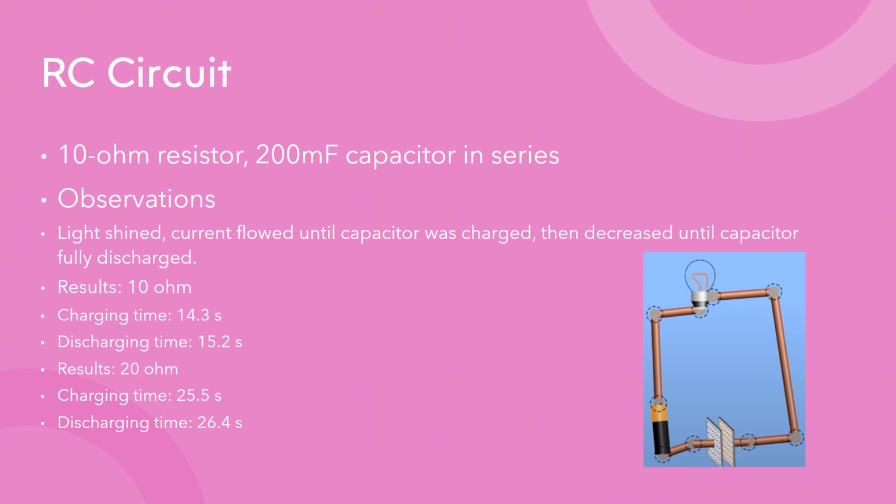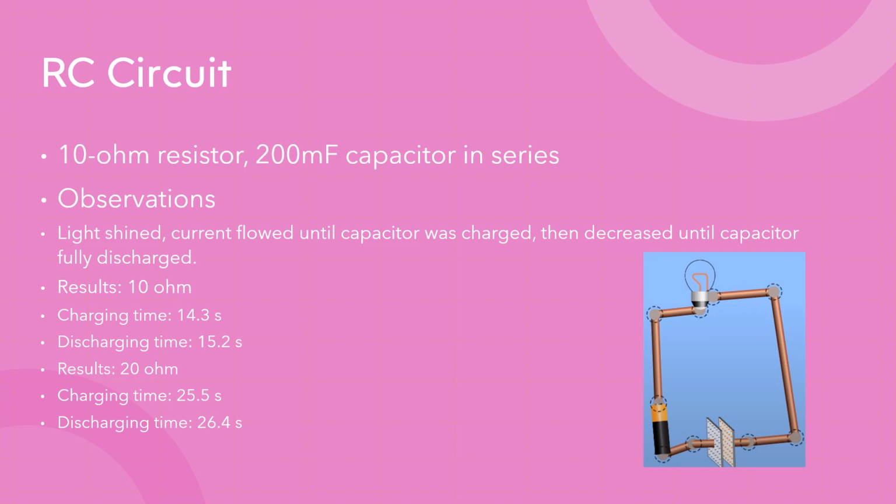So we had a 10 ohm resistor and a 200 mF capacitor in series, and we had some observations. First the light bulb shines, and then current flowed into the capacitor, which charged. Once the capacitor was fully charged, the current would decrease until the capacitor fully discharged, and the light bulb would begin to dim, and then it powered off, and then there'd be no current flowing through the system.